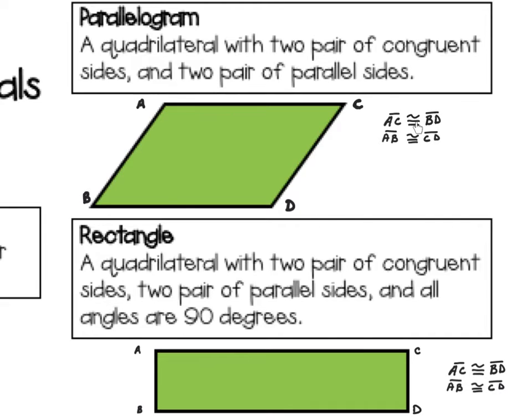This squiggly line and an equal sign means congruent. So line segment AC, which is from here to here, is congruent with line segment BD, which is from here to here. You also have line segment AB, this segment here, is congruent with CD, this segment here.